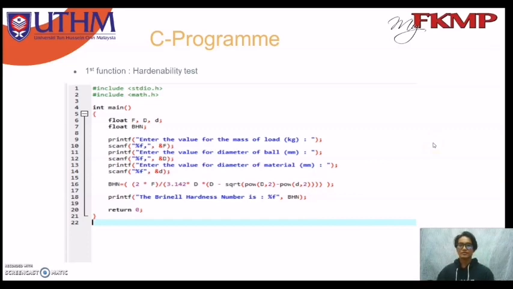For the first function, which is the hardenability test, the C program is as follows. First, we call for the library, include stdio.h and include math.h. Then we declare the float f, capital D and small d, then float vhn. Next, we enter the value for the mass of load in kilogram and scan the value input into float f.